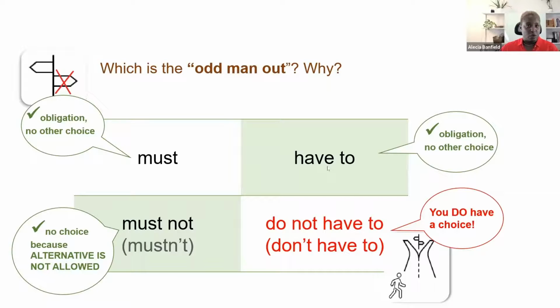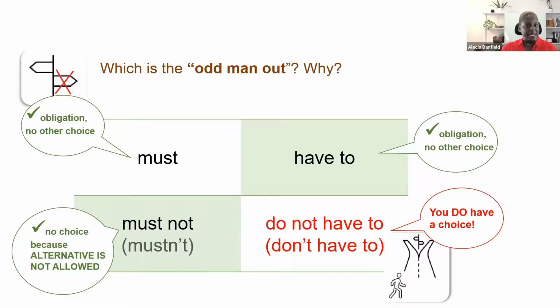Have to also, there is obligation there. You have to do something. There's no other choice, at least not without a bad result. But here's the thing, do not have to or don't have to actually means that you do have a choice.